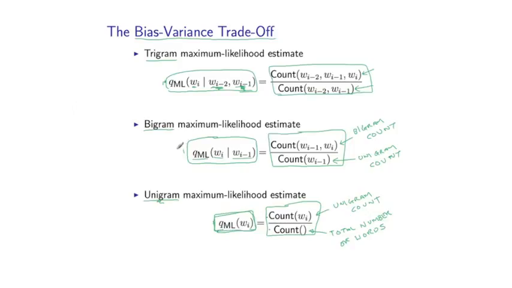The bigram estimate is somewhere between these two extremes, where it conditions on a reasonable amount of context, and it converges reasonably quickly to its true underlying value. So what we'd really like to do is to come up with an estimator which trades off these different strengths and weaknesses of these three estimators. And this is where linear interpolation comes into play.